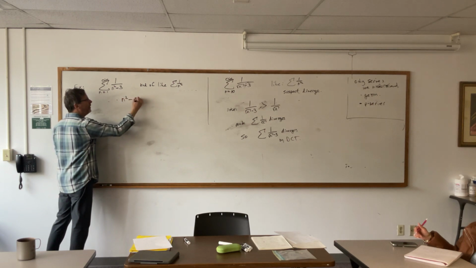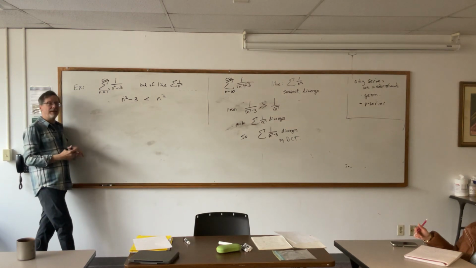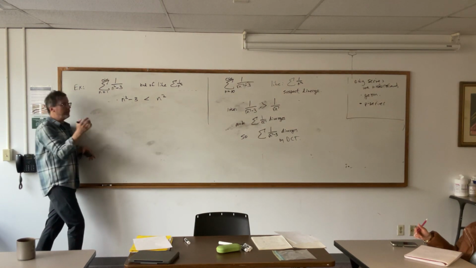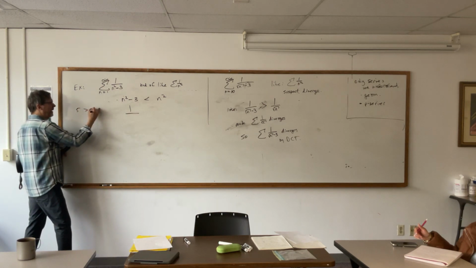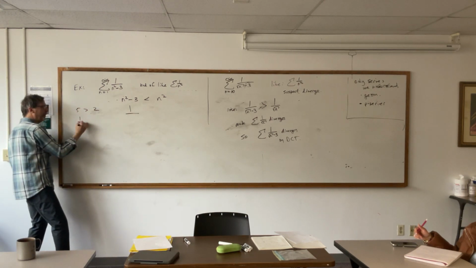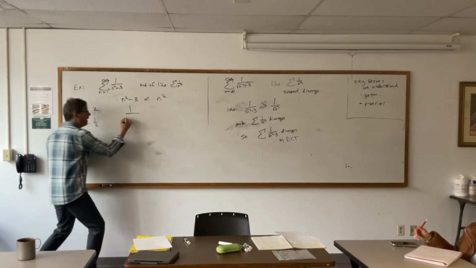Let's actually do this in an interesting way. That is definitely less than that, right? So if you take the reciprocal of both sides, you have to flip the inequality, right? When you have an inequality and you take reciprocals, you have to flip the inequality as well.